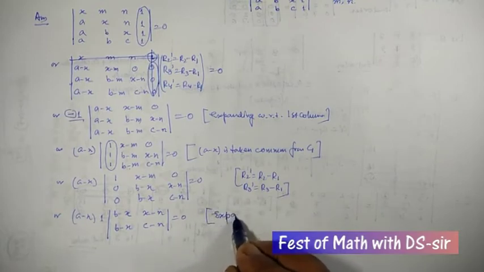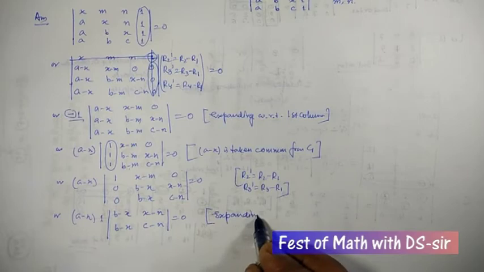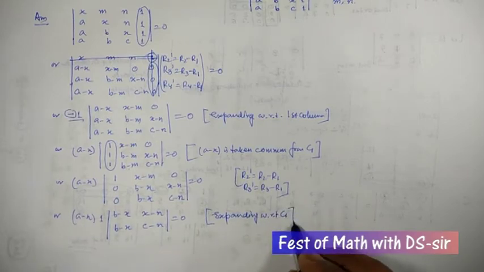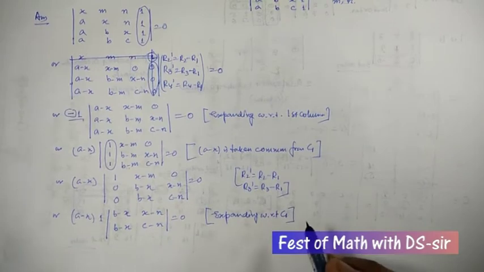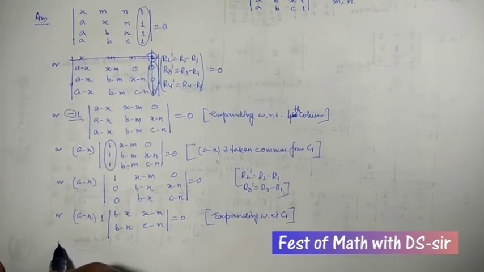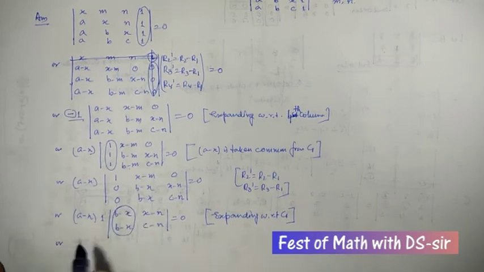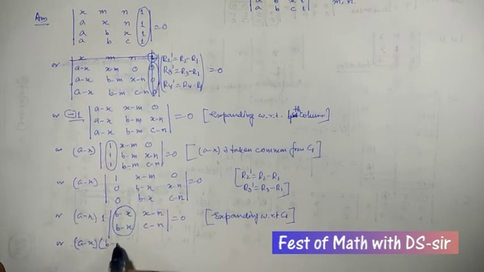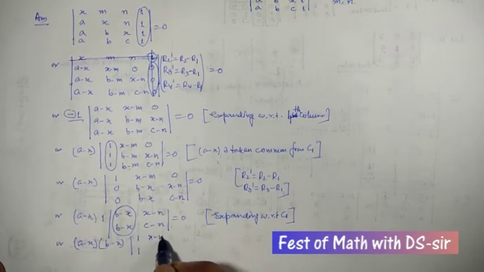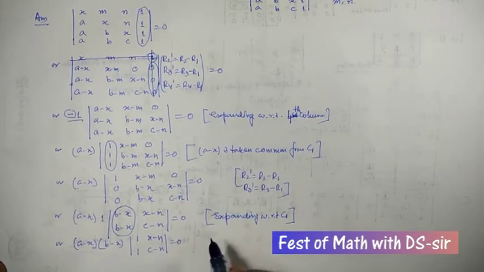Expanding with respect to C1. Clear? Now again take b minus x common. So a minus x into b minus x into the determinant with rows 1, 1 and x minus n, c minus n equals 0.